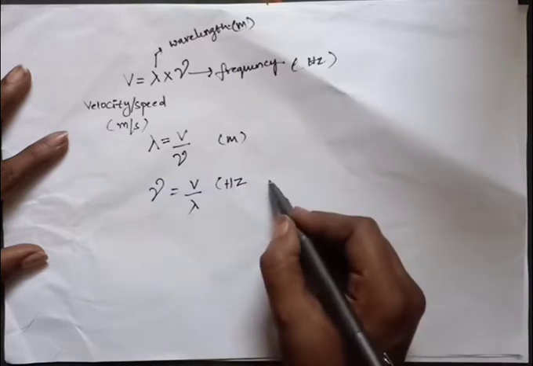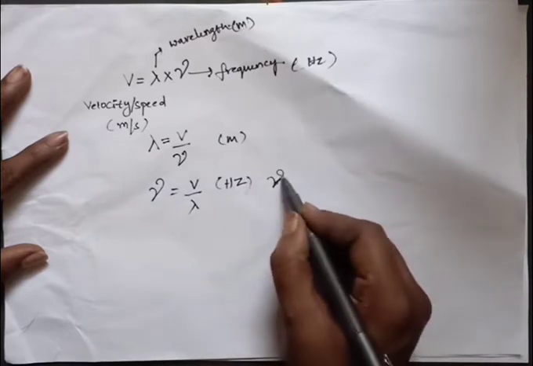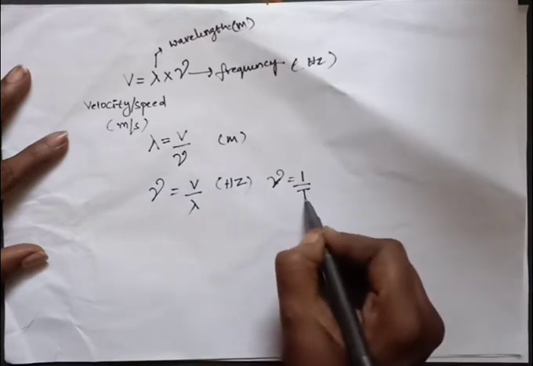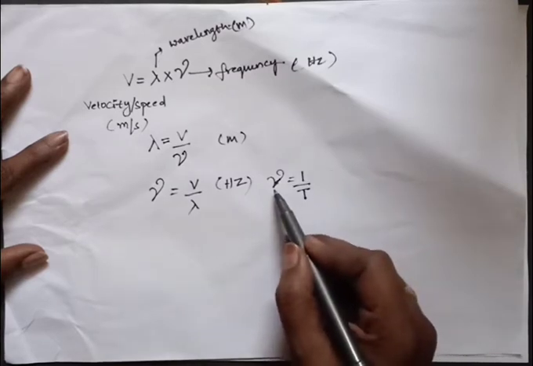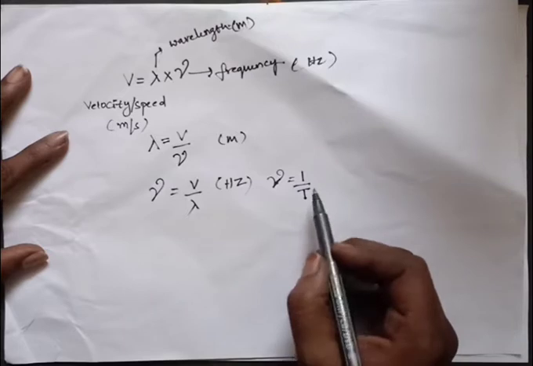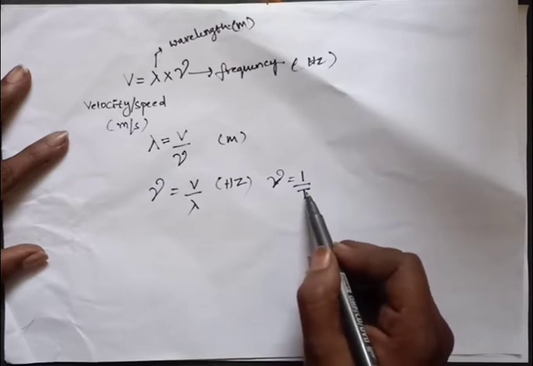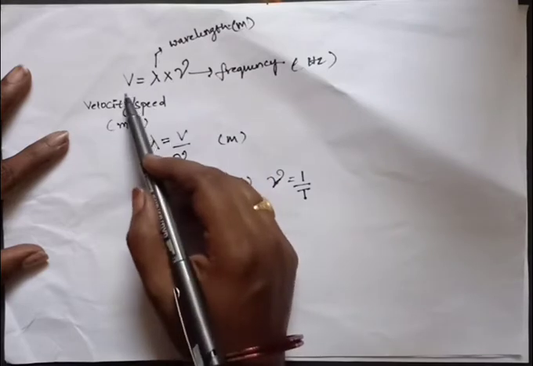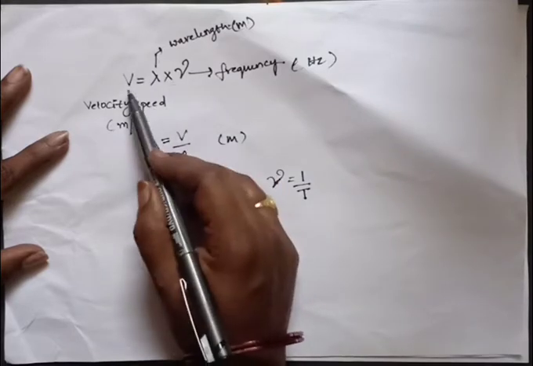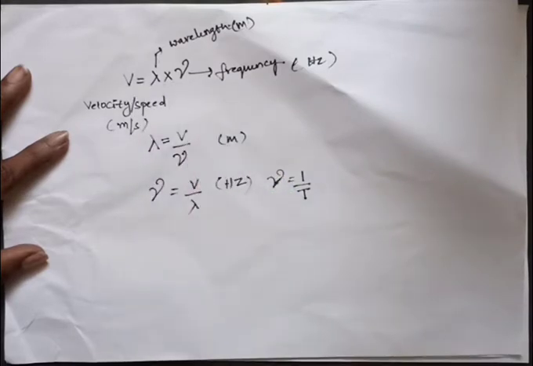One more formula for frequency is ν = 1/T. Sometimes time period is given, frequency not given. Then we have to substitute the time period and calculate the frequency, and later substitute in the formula to get the speed or velocity.